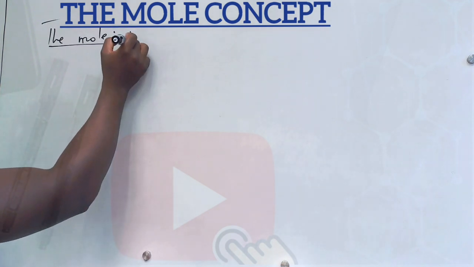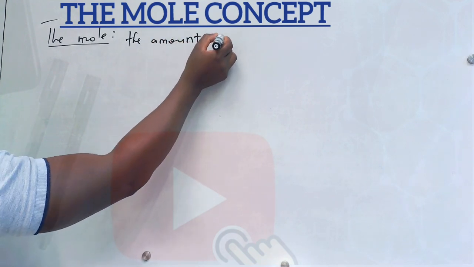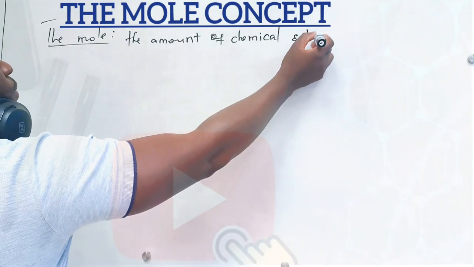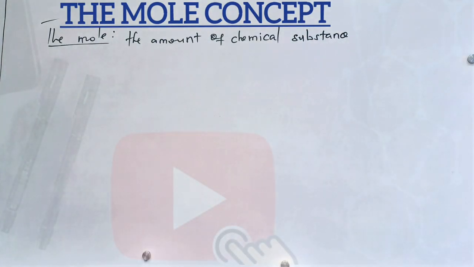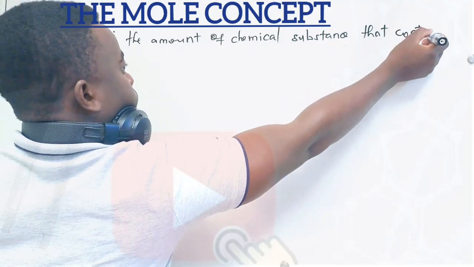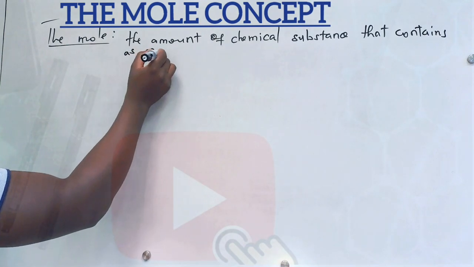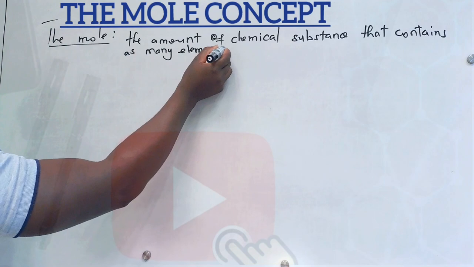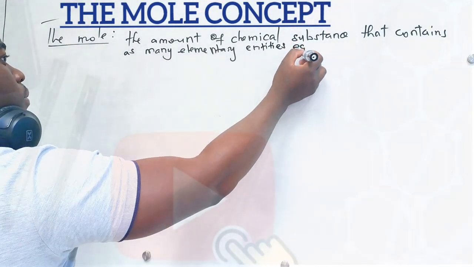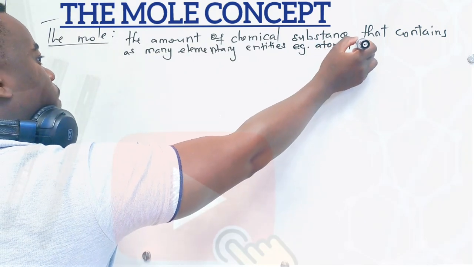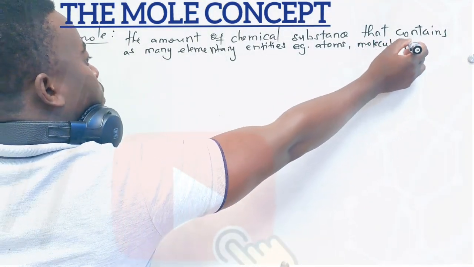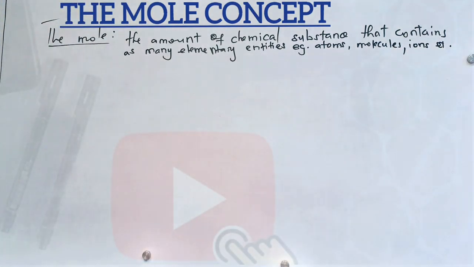So we're saying it is the amount of chemical substance that contains as many elementary entities, e.g. atoms, molecules, ions, etc. So this is what we call the mole.